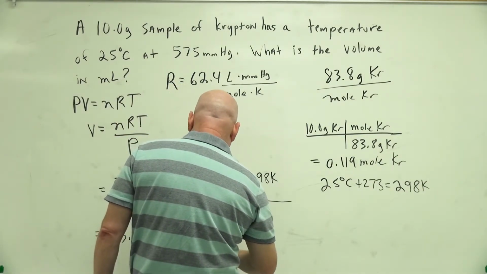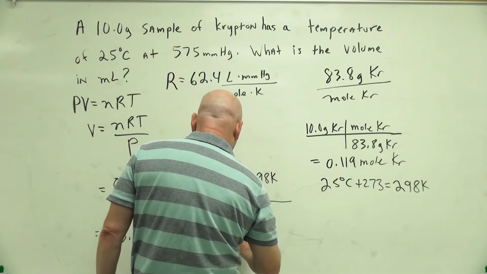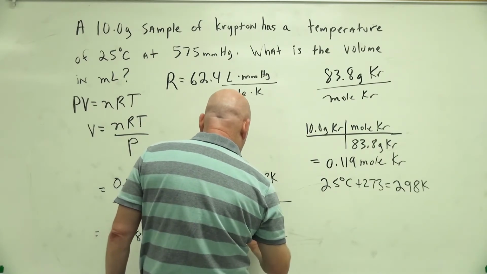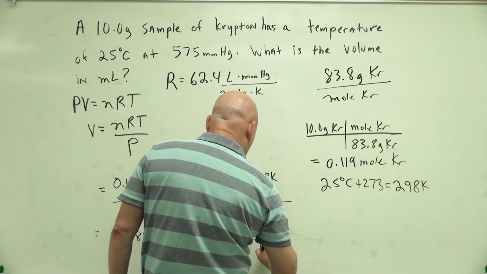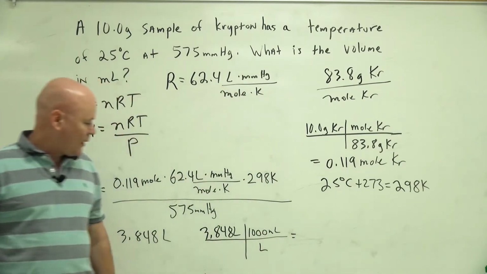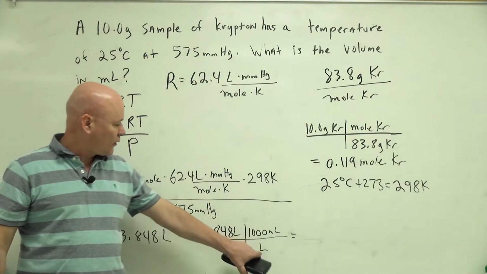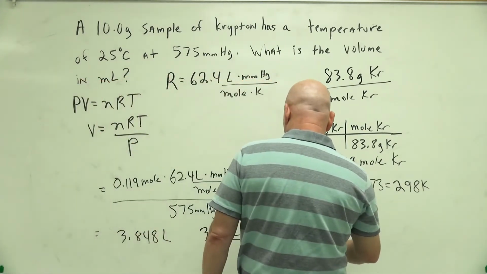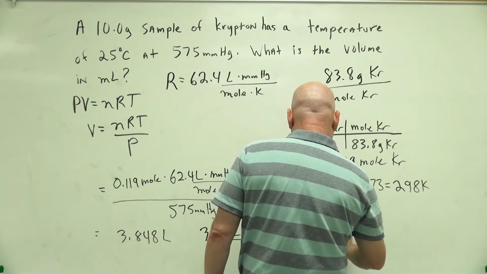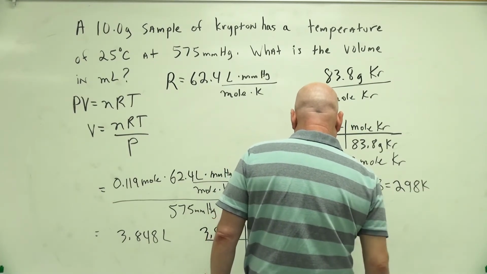So we've got 3.848 liters, and there are 1,000 milliliters for every liter. I know I have this set up right because liters cancel and I'm left with milliliters, and so this would be 3,848 milliliters.